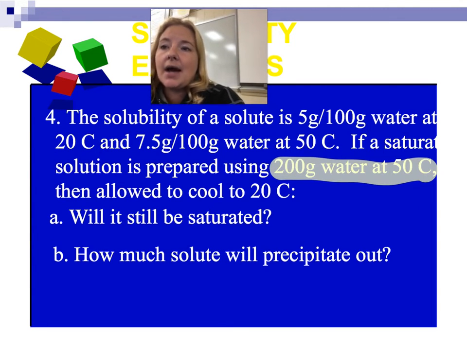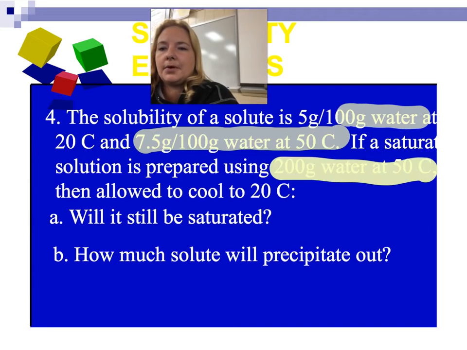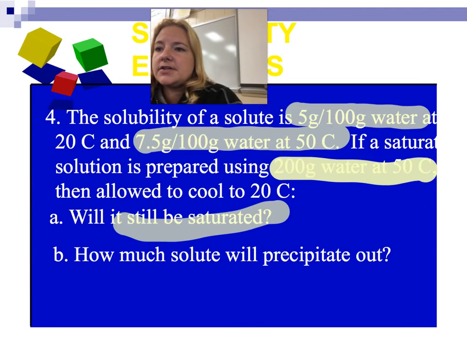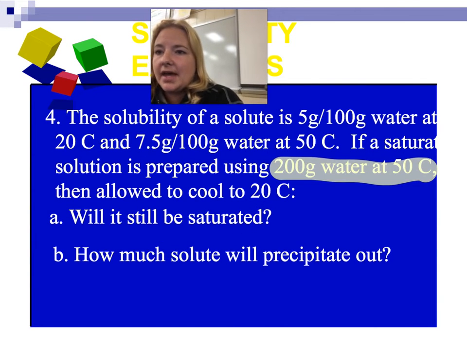So that'll tell me how many grams I'm going to need. And then I have to use this piece of the problem to solve for x over 200 to see how much will precipitate out. So see if you can set up this piece first. I'll go over that piece, and then I'll go over the second step after that.